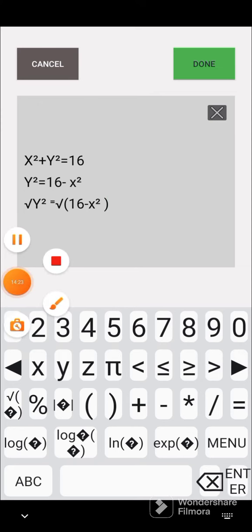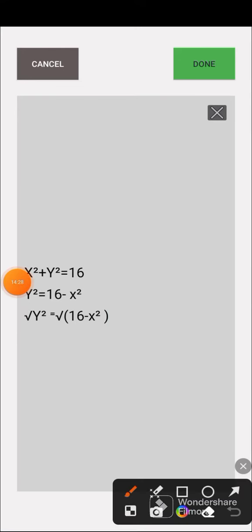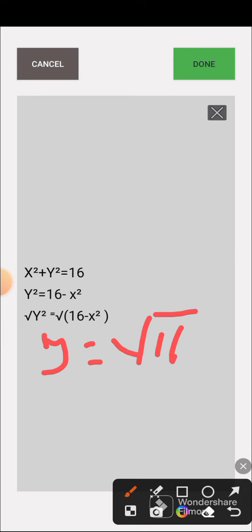So y is equal to the square root of 16 minus x squared.